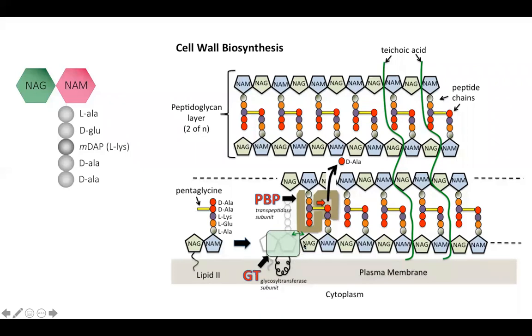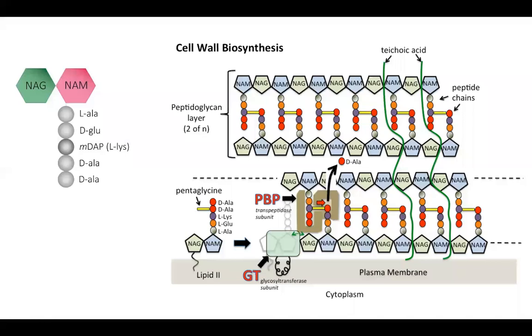You can go and look at the different structures, compare the structure of the beta-lactam ring with the D-alanyl D-alanine. So what happens is that the beta-lactams will attach themselves to the penicillin binding protein, mimicking the D-alanyl D-alanine. So you need that cross-linkage for the strength of the peptidoglycan layer and for the continuation of the formation of the peptidoglycan layer.